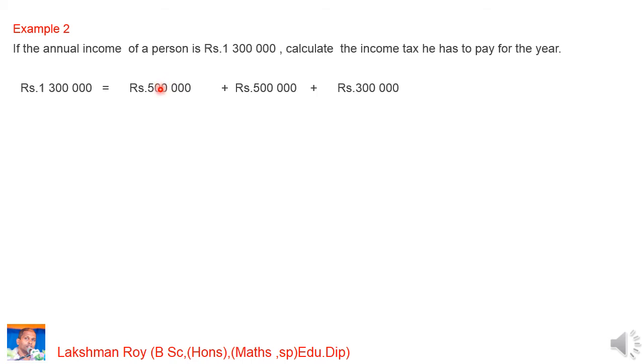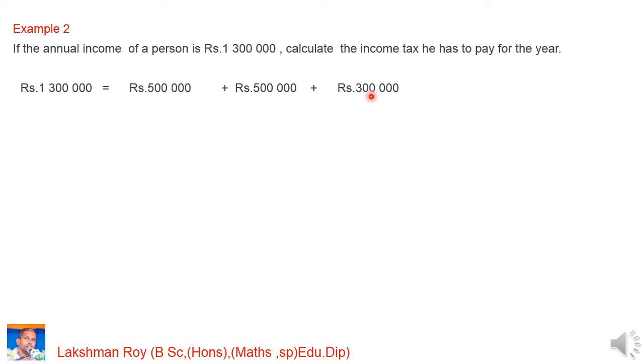Then from that amount again you subtract 500,000 rupees, and you get 300,000 rupees. So that means this income you have to separate into 500,000 rupees portions, then some amount remains. That is the method.